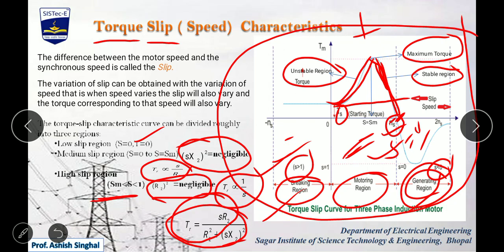In the braking region, the direction of the rotor is opposite to the rotating magnetic field. It is achieved by interchanging any two phases of the stator supply. We can obtain this region by changing two phases of the stator supply. Got it? It is also used as braking, or in the plugging mode.